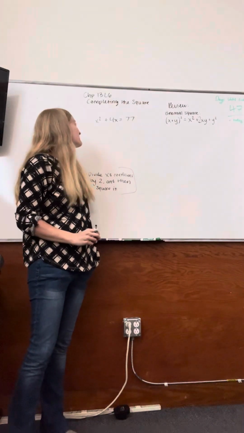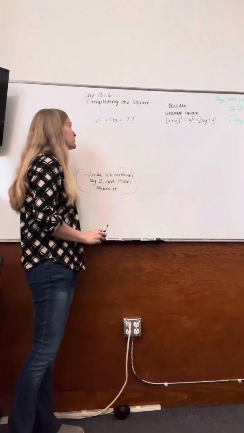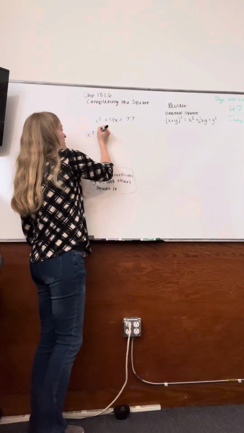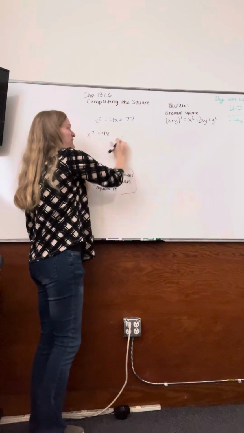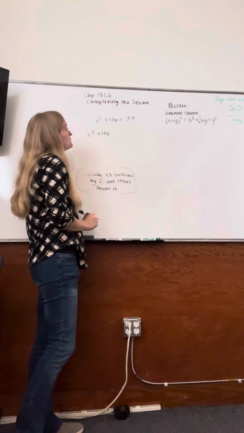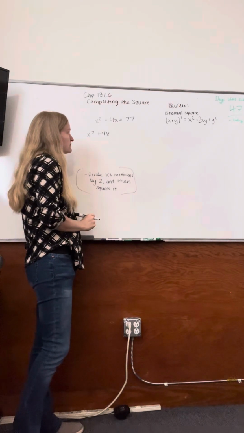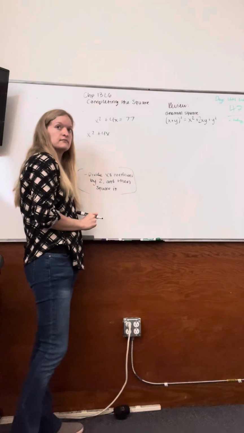Find the third term that will make it the perfect square. Okay, so Cadence, what third term do we need for this expression to have a perfect square? You would find the x, but then 4 would be 2, so you would have to divide by 2, so then that would be 2. And then you would square, which means that would be 4.